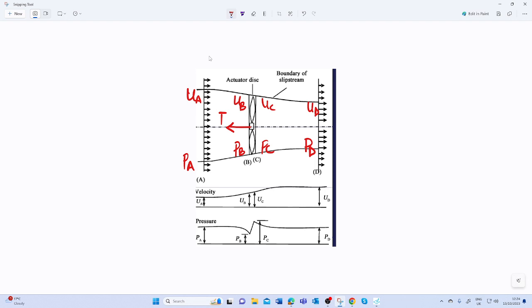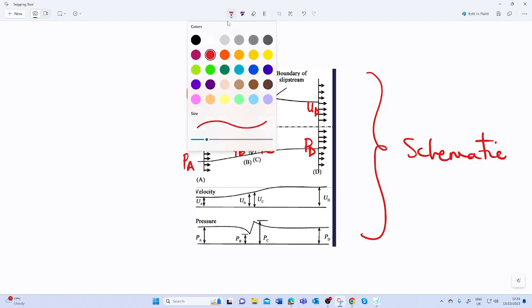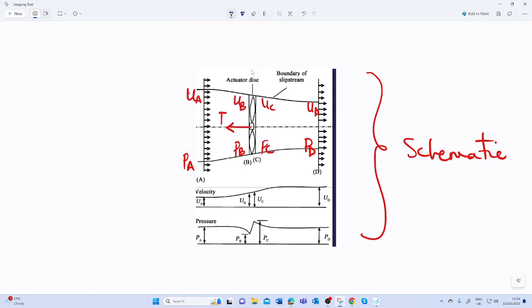So therefore, using the schematic we have here today, we can deduce that UB will equal UC.